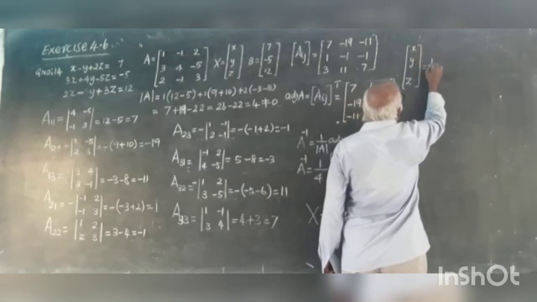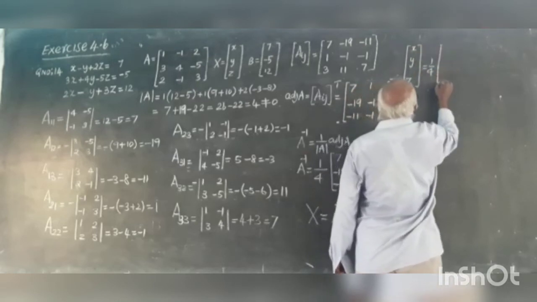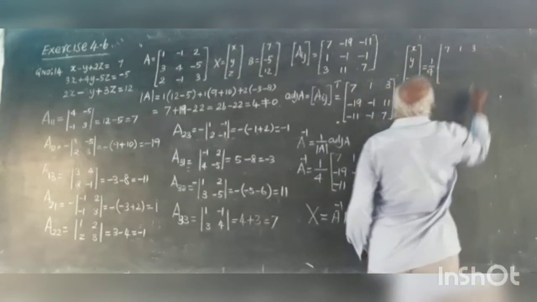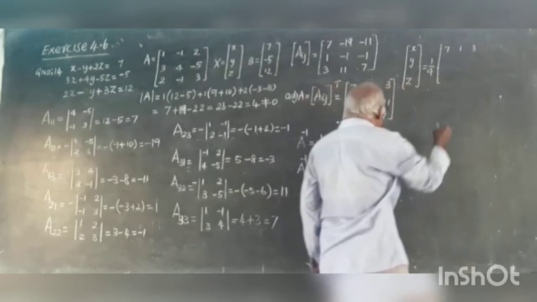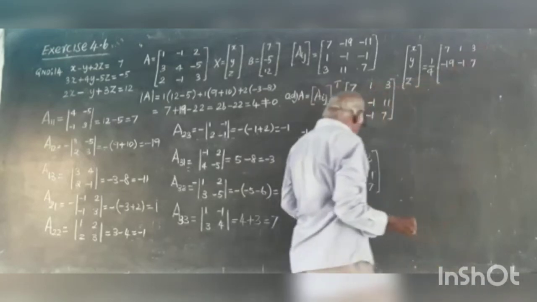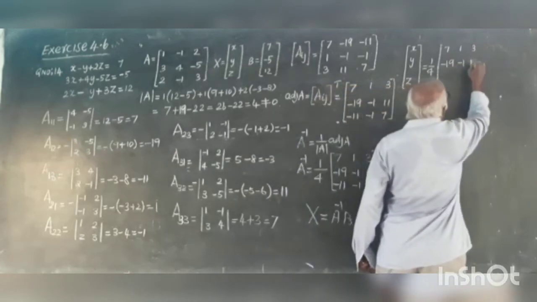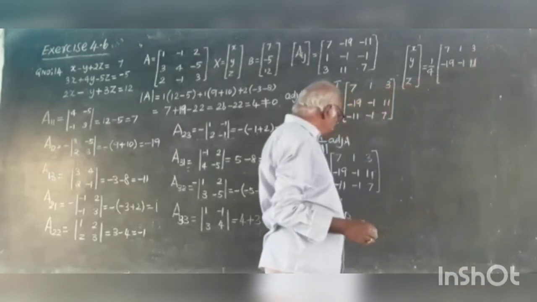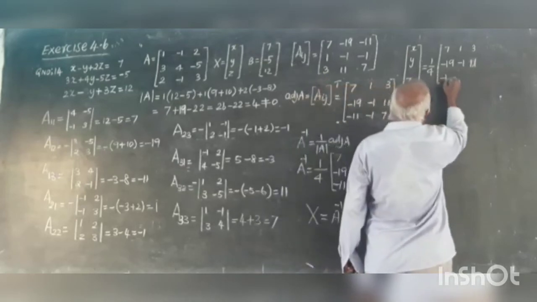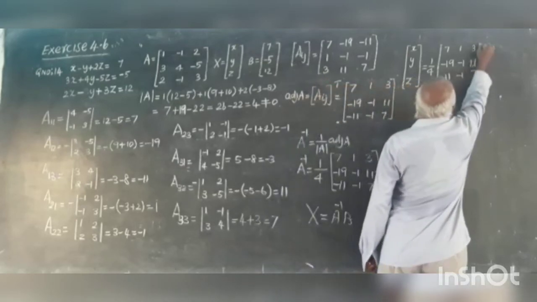A inverse is 1 by 4 into first row 7, 1, 3, second row minus 19, minus 1, 7, third row minus 11, minus 1, 7.